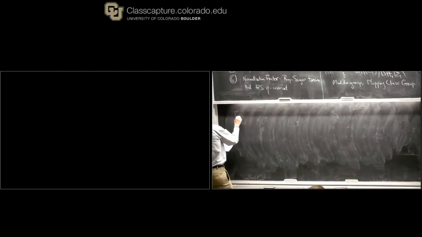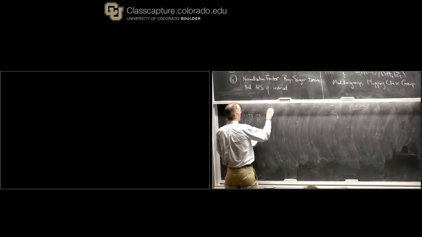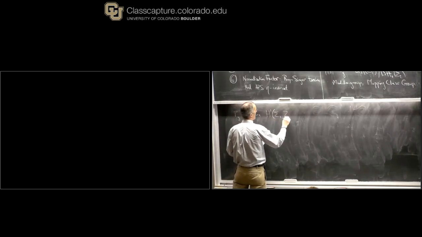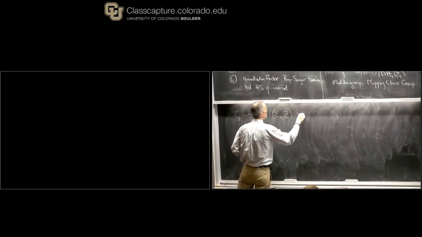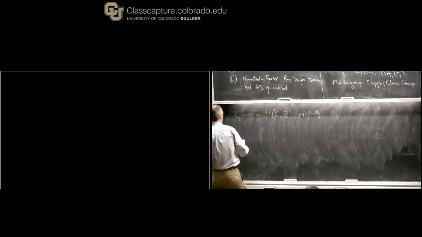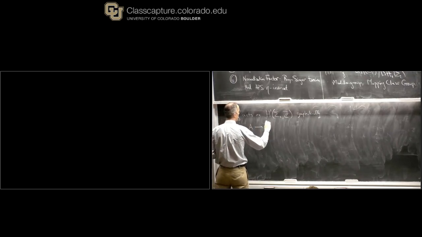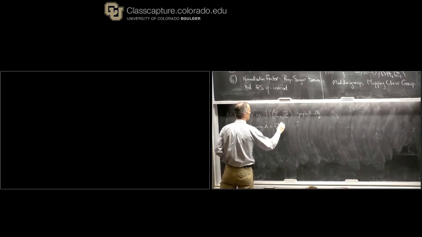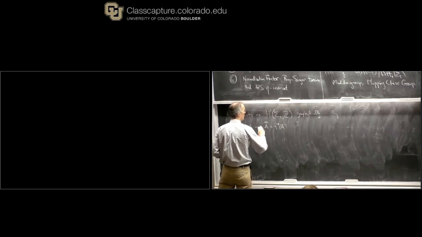So gamma G acts on H1 of sigma 2z symplectically. You see, if I have a diffeomorphism and I have a flat gauge field, I can map it to A tilde equals F star A. Okay?